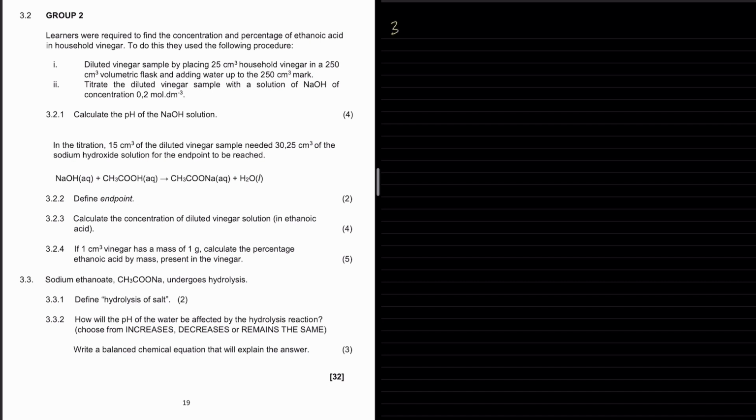Okay, so again, just like earlier, NaOH will give you Na plus OH minus. So if you calculate the concentration of the OH minus, that's going to be the concentration of the NaOH because it's the same. Now, pH, what we can do first is we'll say pOH. Let's calculate pOH. That's equal to minus log the concentration of OH minus.